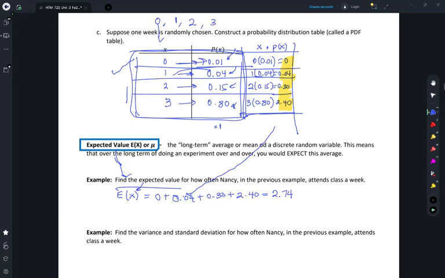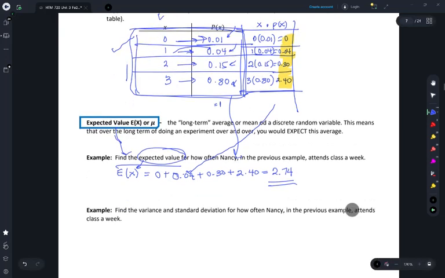So in the long run, if this probability distribution continues, the expected value of the number of times Nancy attends classes on average weekly will be 2.74 times weekly.